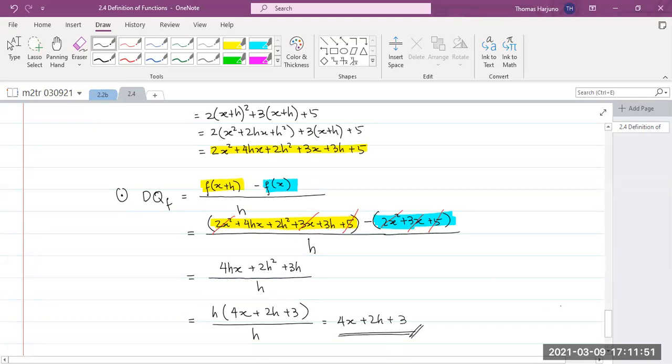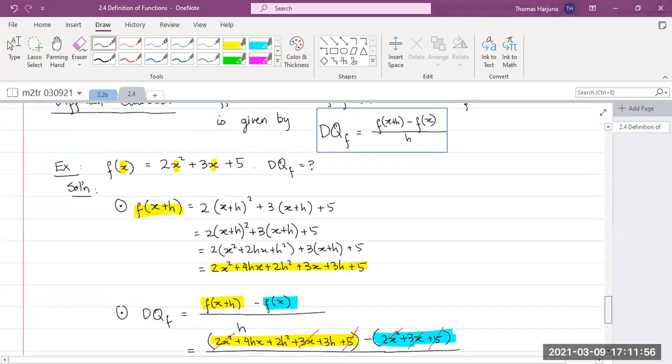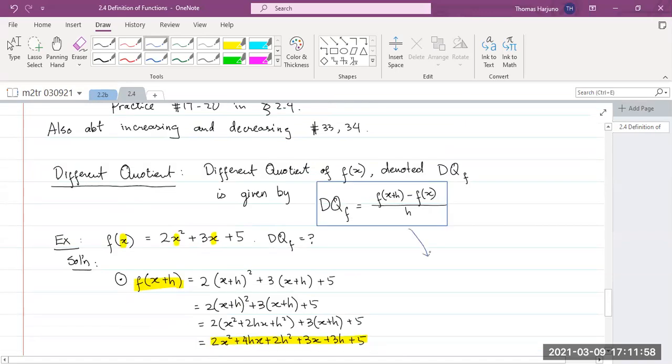Now let's look back on how far we need to go. So let me write this as a note here.